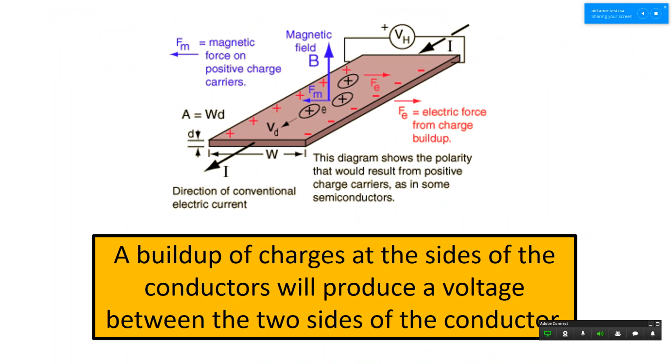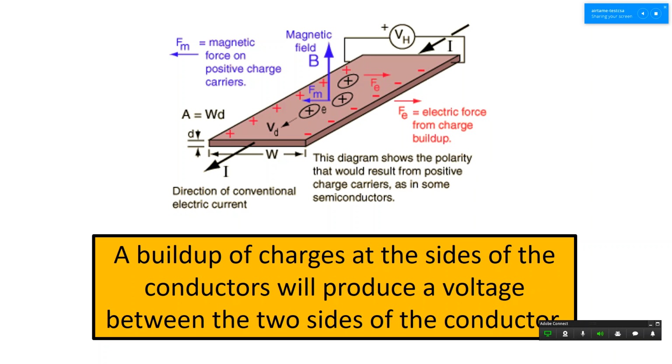So here we see the same effect. I have my usual current coming here with a magnetic field pointing upwards. And when there's a magnetic field and a current going this way, some charges are going to loop across the plate this way, and then create a voltage difference between this, which we call V Hall.